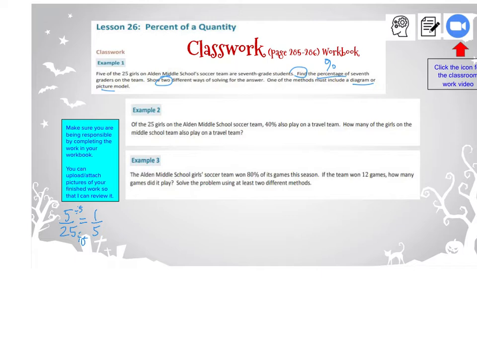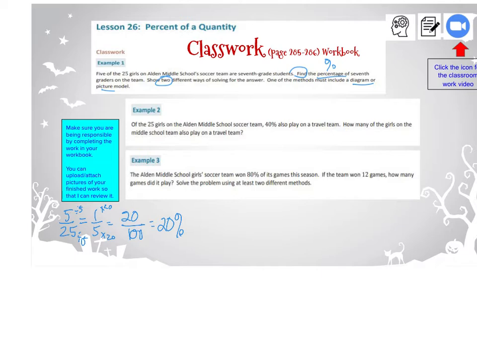And I know that 1/5, if I want to work that into a percent, times by 20, times by 20, I'm going to get 100, and then that's 20. So 5 out of 25 means that if that was like a quiz or something, I got 20%, 20 out of 100. Okay, well, that was just one way to solve, right? Find the percentage, so I got 20%.